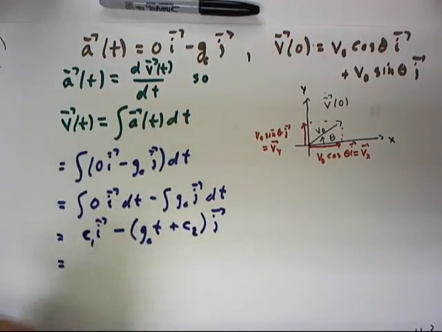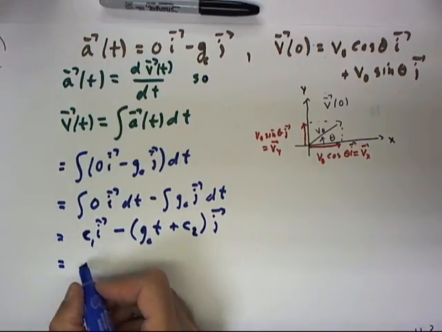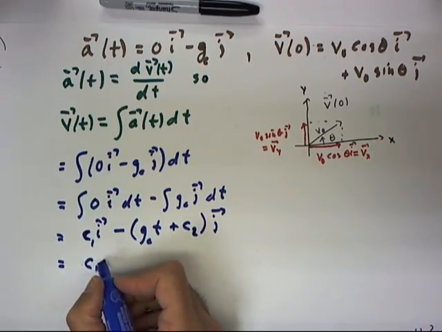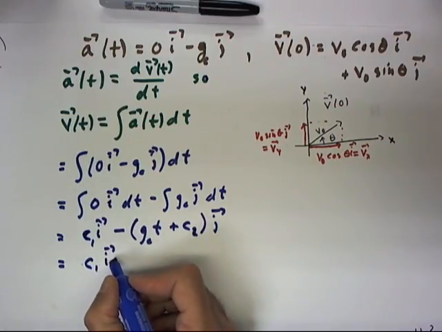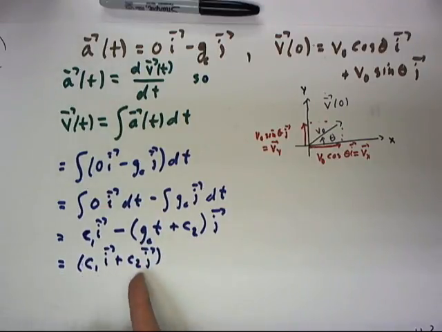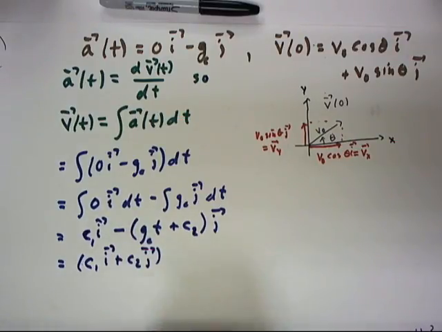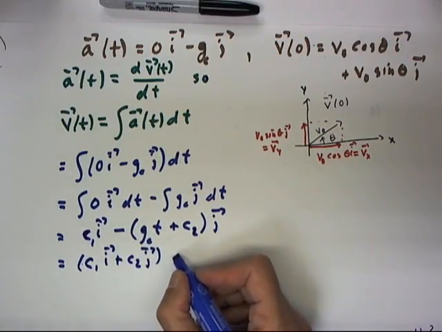So that our integral of the a of t function is just c1 i plus c2 j. Now c1 and c2 are arbitrary constants, and it's negative c2, but an arbitrary constant will absorb the negative in a way that you should understand.